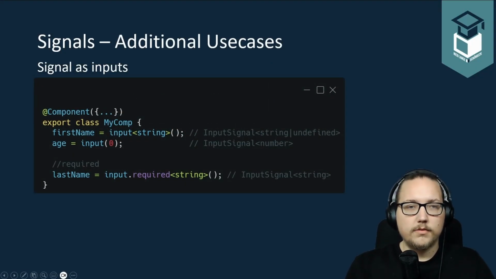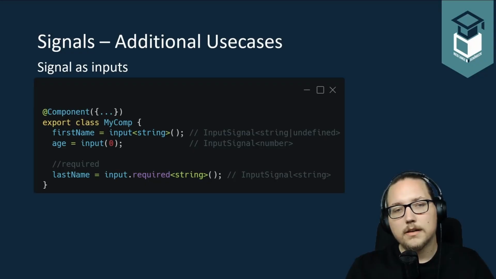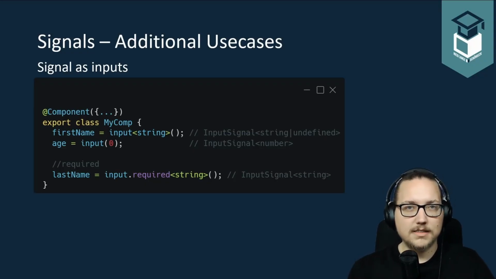Then something super important in Angular 17 and 18: we have an input function now. What it does is it replaces the old @Input. That means with this, you create an input as you knew it before, but what it returns is an input signal.